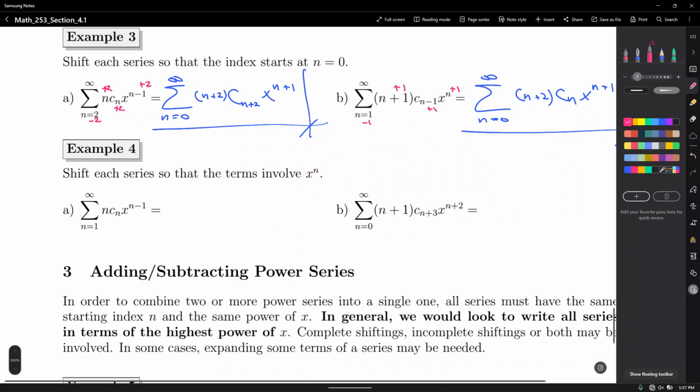But in this case, we need to do a complete shifting. So add 1, but then you have to shift all the n's inside the series. Add 1, add 1. Now, what do we do with the starting index? Subtract 1. So this would be sigma n equals 0 to infinity n plus 1 c sub n plus 1 x to the n. Final answer.